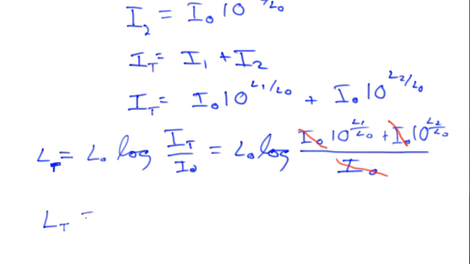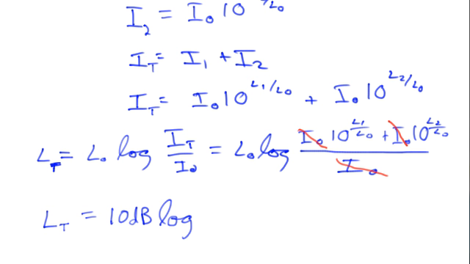LT is equal to L0. I think I'll write that as 10 decibels. Just made up that expression for that 10 decibels that occurs in the definition of the sound intensity level based on the intensity.